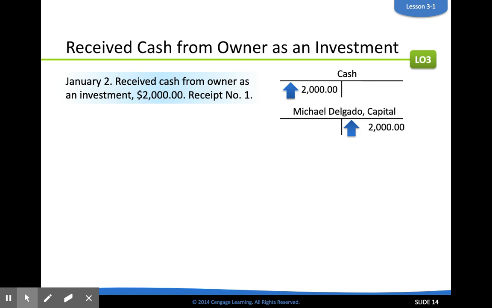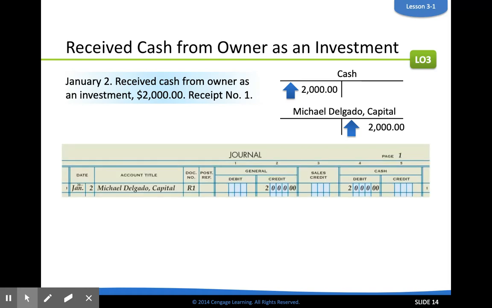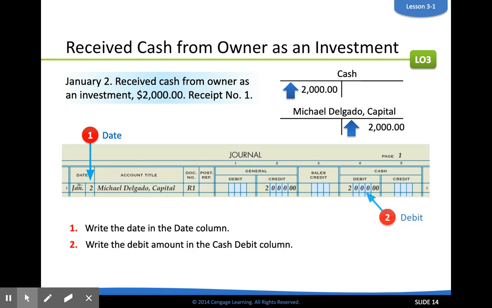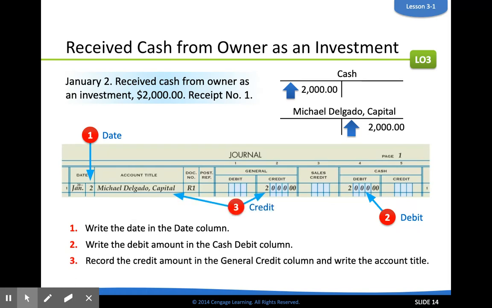Now we need to take that information from the T-chart and put it into a journal. So step 1, we have the date. Step 2, we have our debit, straight from cash in that T-chart. But we have one of our special columns, so we get to use the special cash column to write $2,000 debit. And we record our credit.